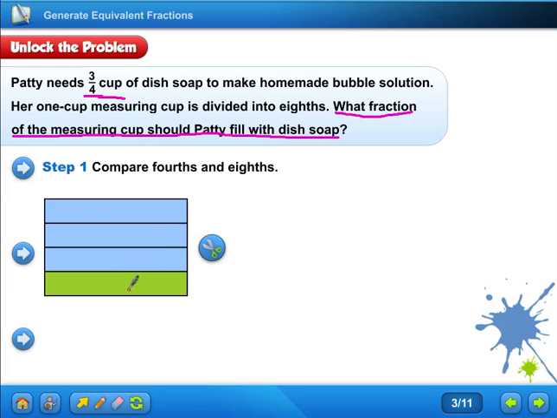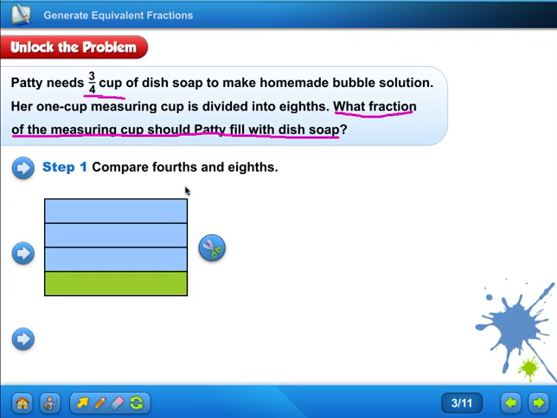So this would be 1/4 that they've highlighted in green, which has 1 part. Then they broke it up into 8ths. So now how many sections are green? 2/8.